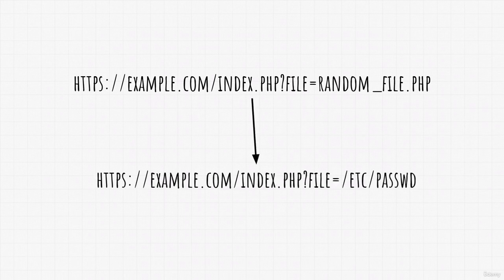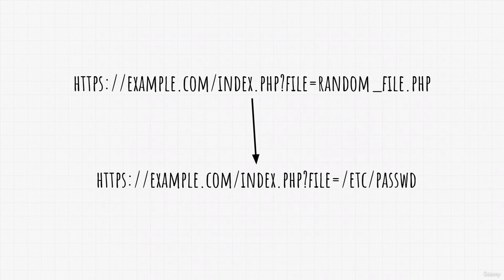What if, instead of randomfile.php, we type in /etc/passwd. If we get the output of the passwd file, or if it downloads it to our machine, we have an example of broken access control. We downloaded something that we should not have been able to.